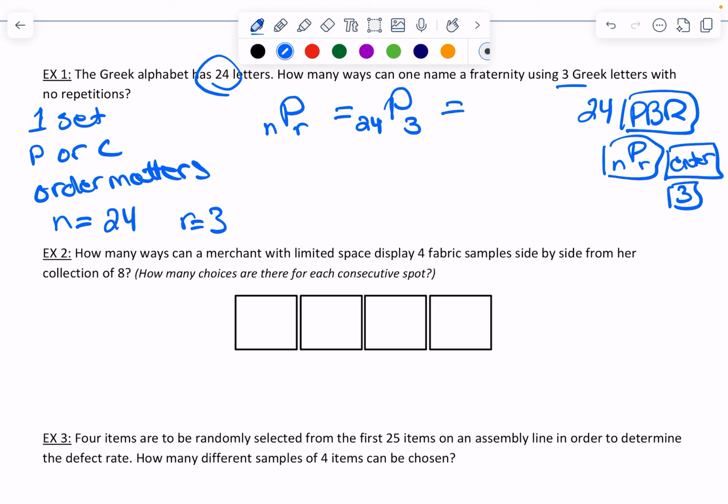We need that N first because it comes before the P. Okay, so when we do this calculation, we get 12,144.